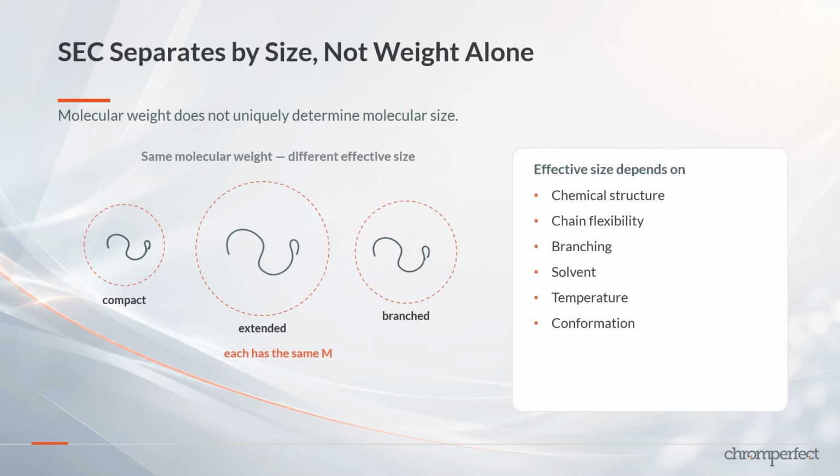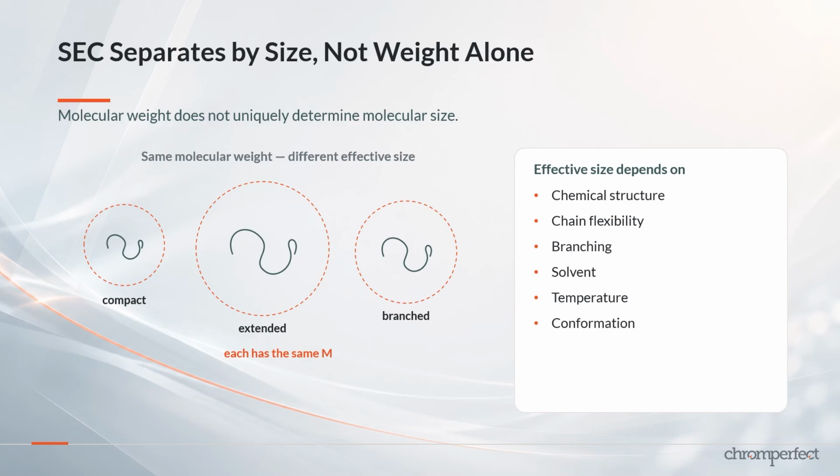This occurs because SEC does not directly separate molecules according to molecular weight. It separates them according to their effective size in solution. Molecular weight and molecular size are related, but the relationship depends upon chemical structure, chain flexibility, branching, solvent interactions, temperature, and polymer conformation. Two polymers with the same molecular weight may occupy different effective volumes in solution and therefore elute at different times.